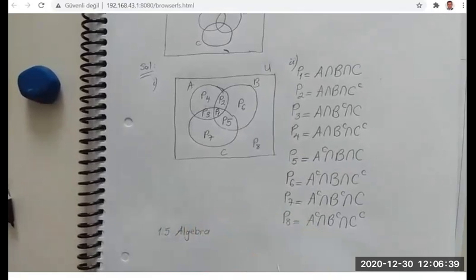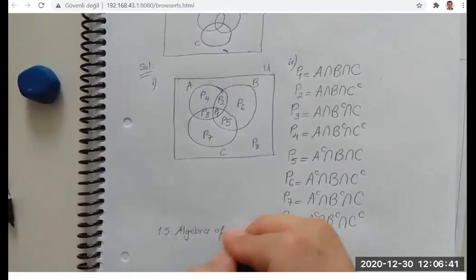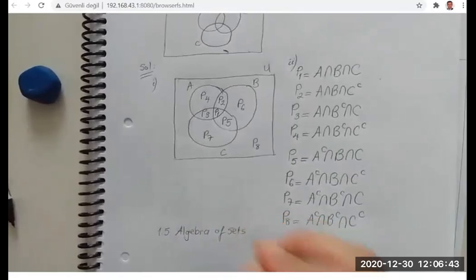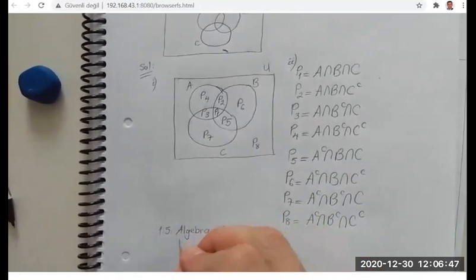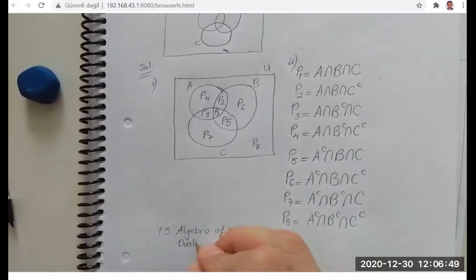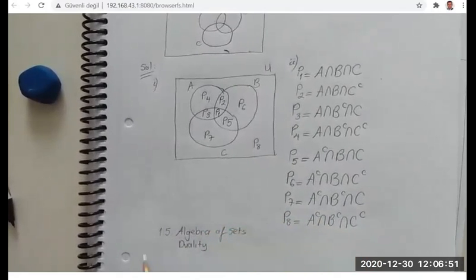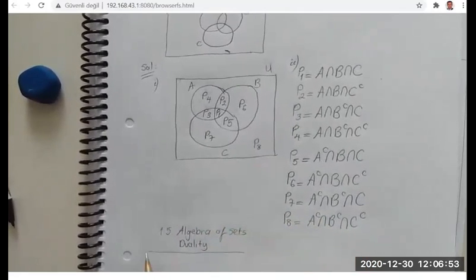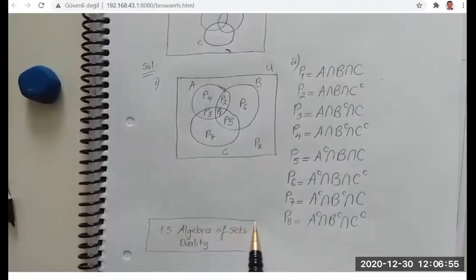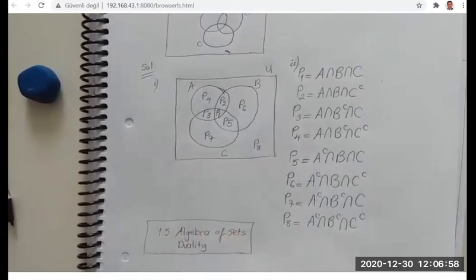Okay, 1.5. Next, the title is Algebra of Sets and Duality. This is the next title. Please remind me, we will start with that title. I will send you all the lecture notes.